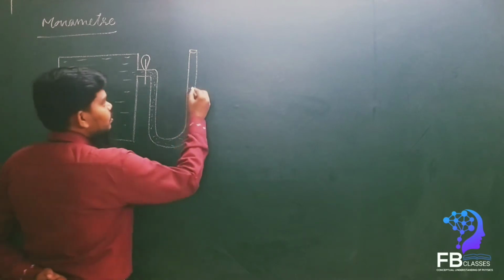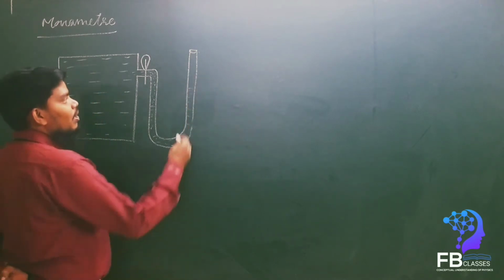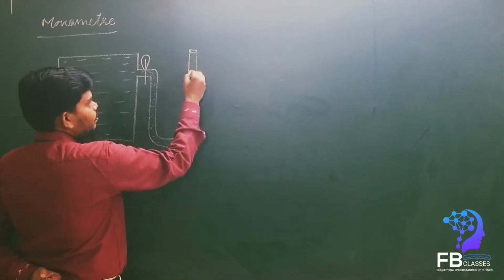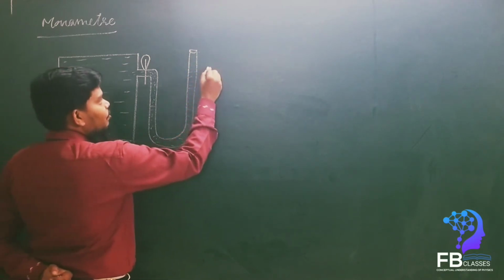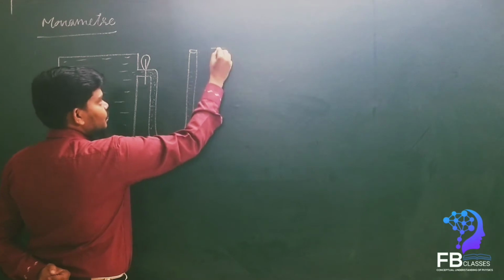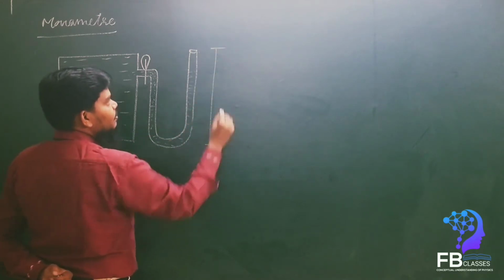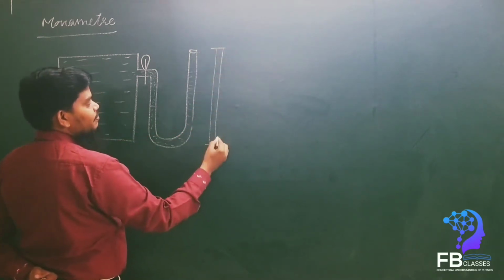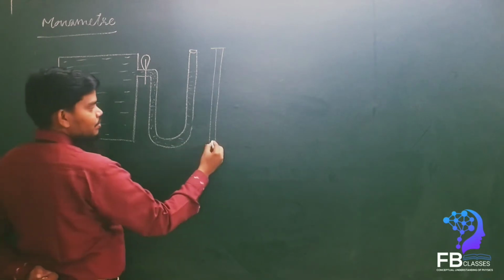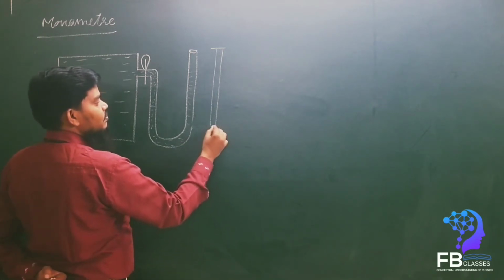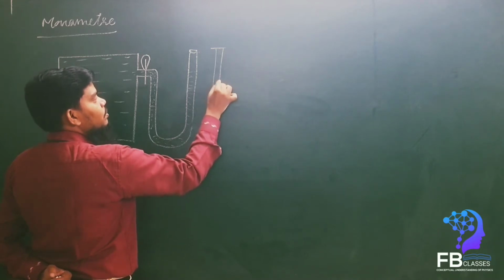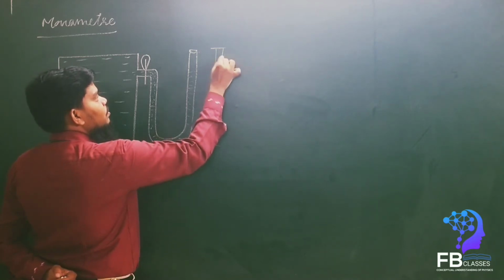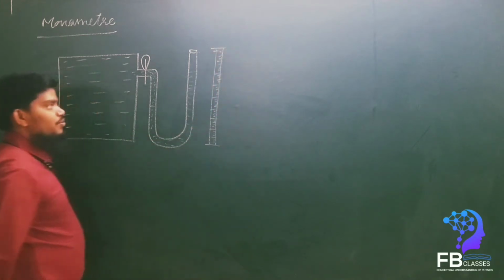Now at the other end, the second column of the mercury tube, the mercury rises up to here. Let's consider we have a meter scale arranged here to measure the height of the mercury column, so we can easily measure the height.